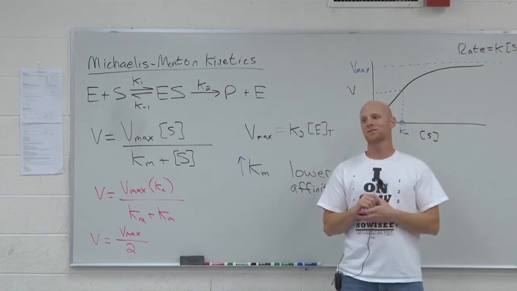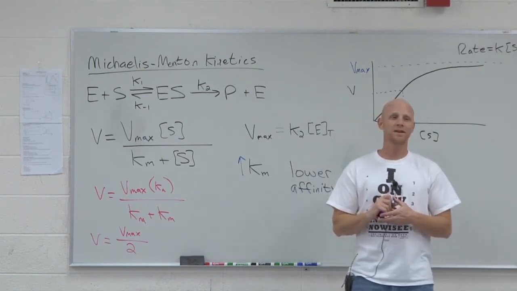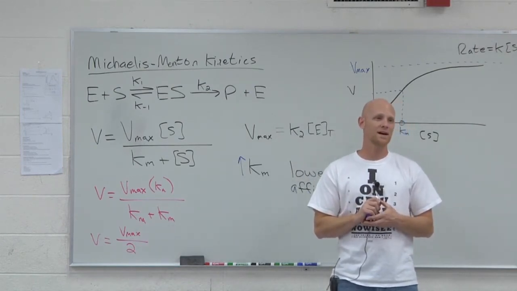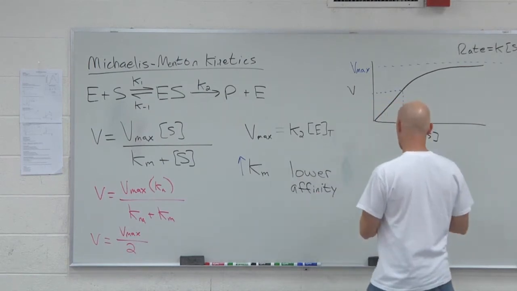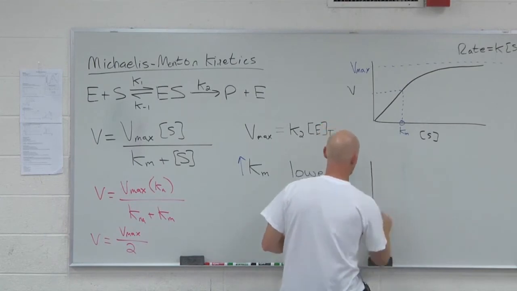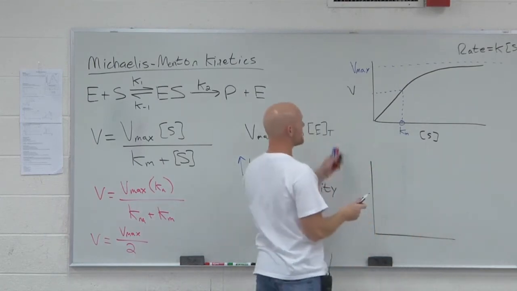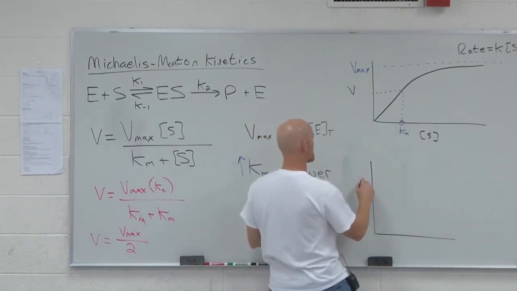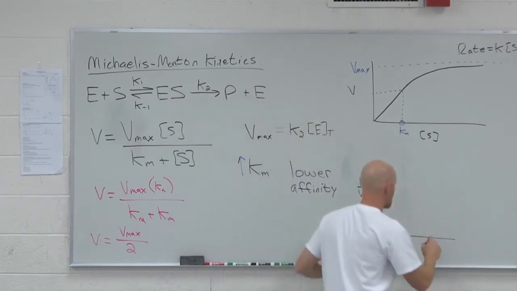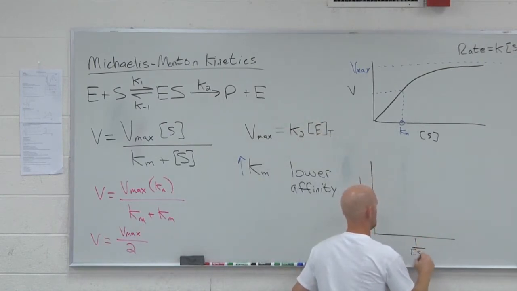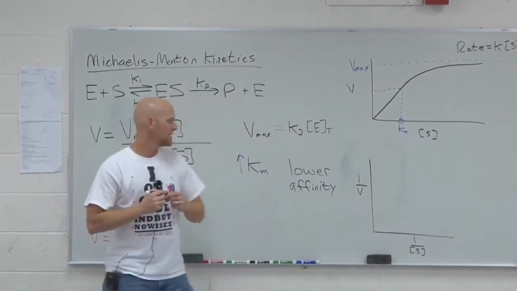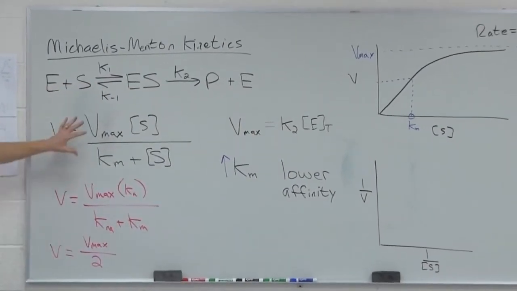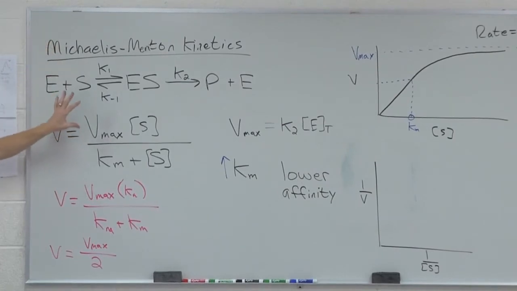Lineweaver-Burk is not as bad as it looks. So what's the slope-intercept equation of a line? y equals mx plus b. So what we're going to do on the Lineweaver-Burk plot, instead of plotting v versus s, and we sometimes call it the double reciprocal plot, is plot 1 over v versus 1 over s. So I'm not going to use the Michaelis-Menten equation as it stands.